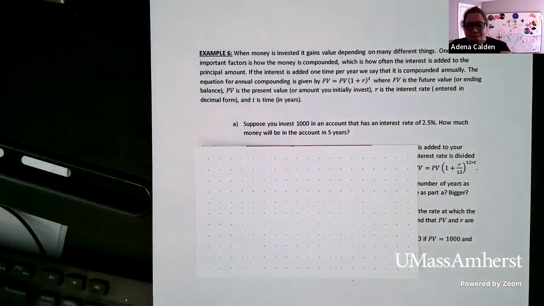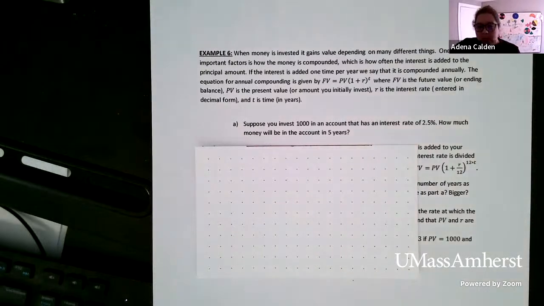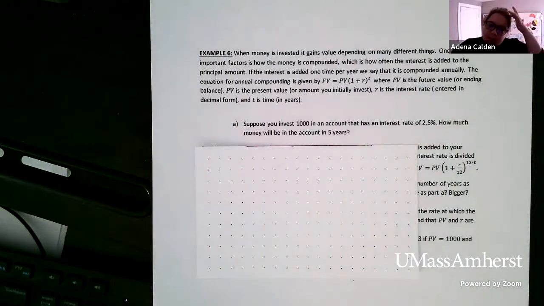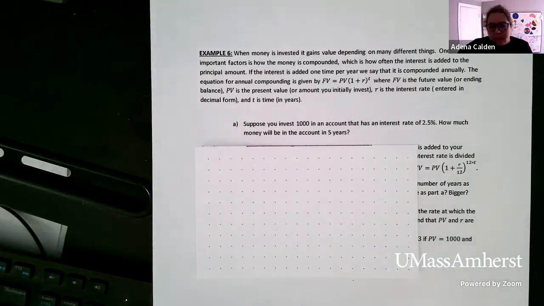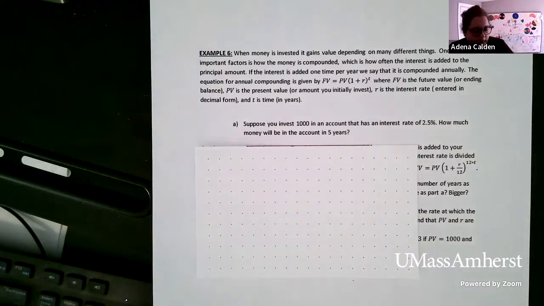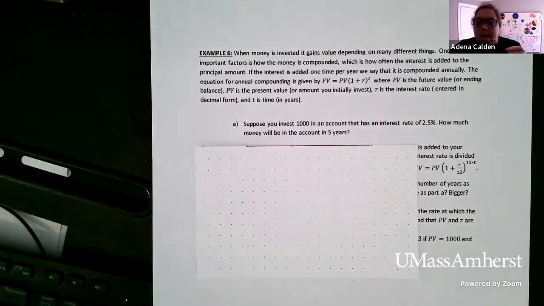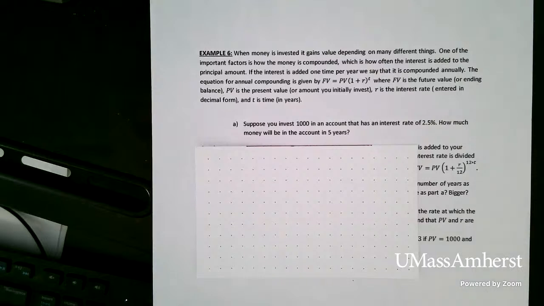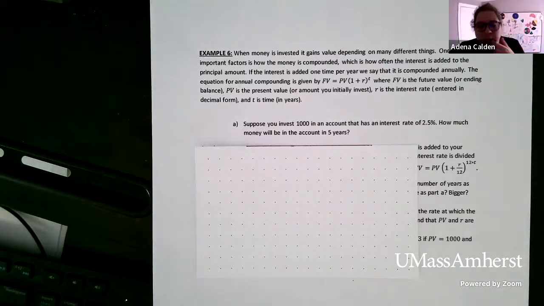If you are in an investment account, then you are guaranteed some sort of money in things like savings accounts or bonds or certain vehicles that you can put money in. And compounding is how often the interest is added to your principal amount, so the amount that you have in the account. And so this may not be something you've ever thought about.